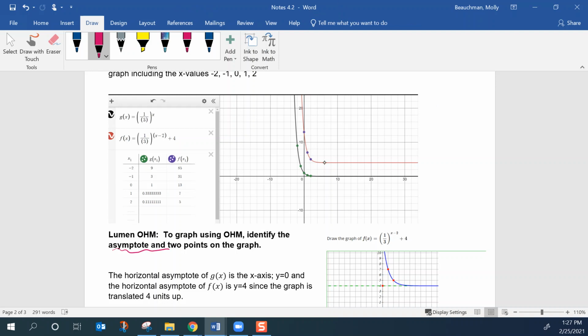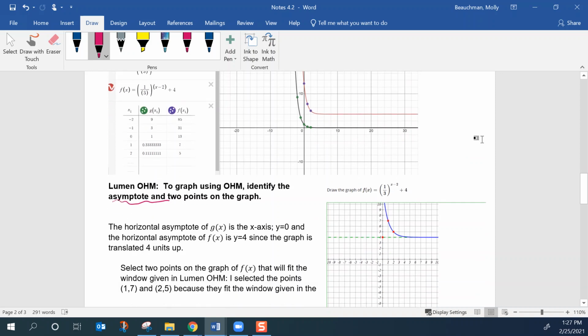If you take a look at the red graph, the horizontal asymptote is at 4 because our graph moved up 4 units. And then for 2 points on the graph, you can think of it as transforming the point 0, 1, and maybe another point, negative 1, 3.